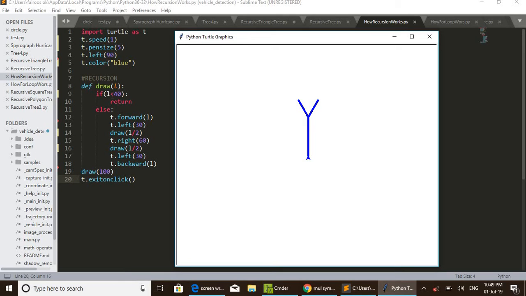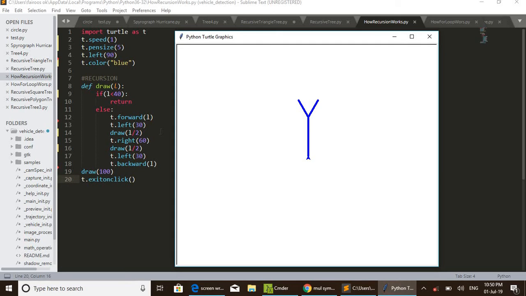Then again it checks for this condition, that is 50 less than 40. No, 50 is not less than 40. So again it moves to else part and t dot forward 50. L here takes value 50. So t dot forward 50, that is 50 units forward and reaches here, right?